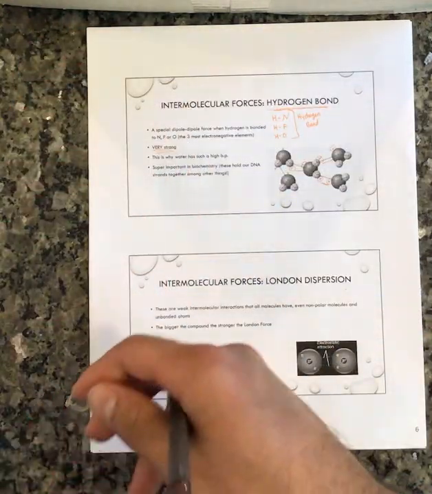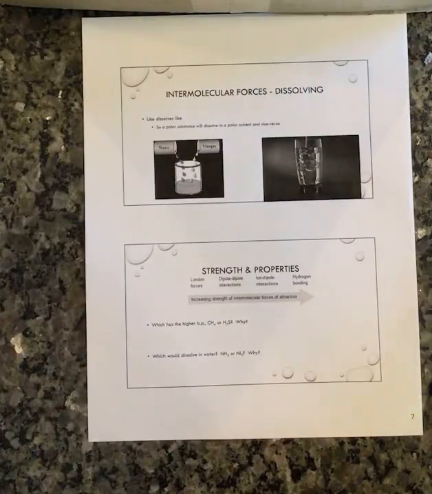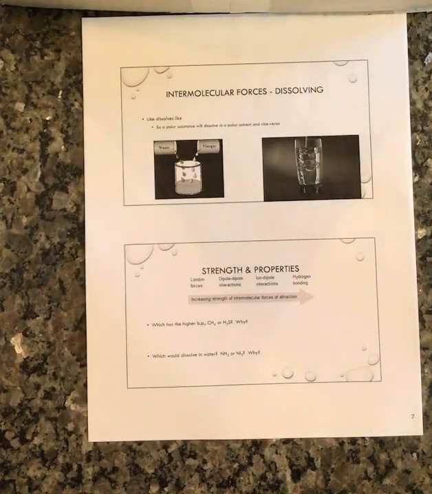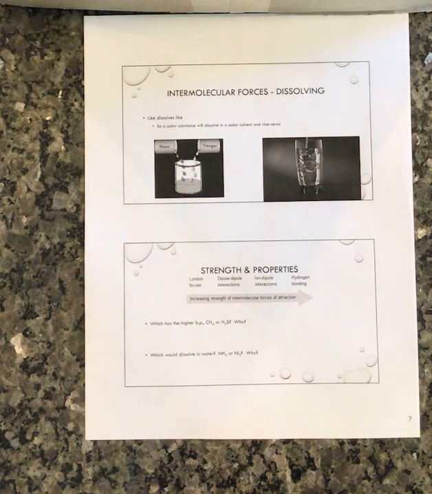All right. Now our last section. Now we talk a little bit about dissolving compounds. When we mix 2 compounds together, sometimes they mix and sometimes they don't.